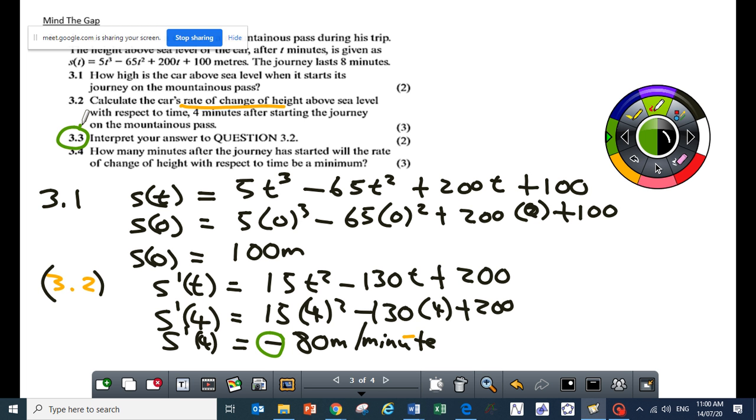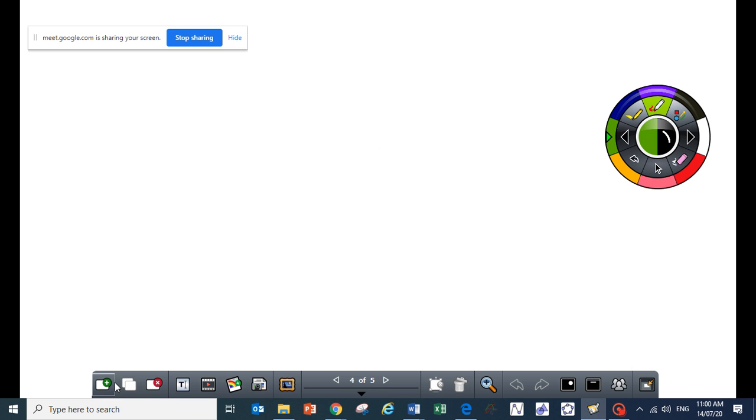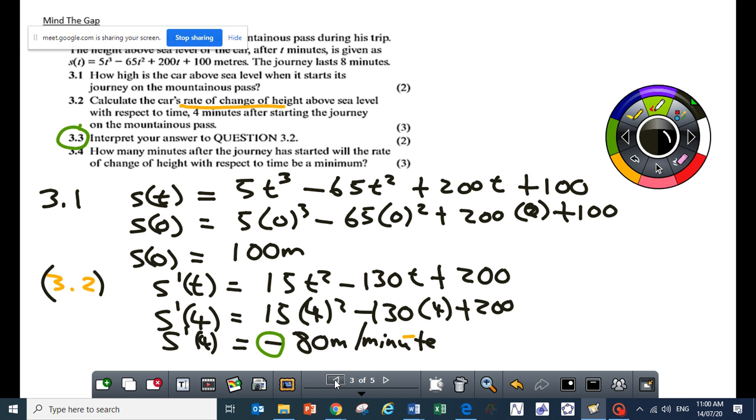All right, then 3.4. 3.4 says, how many minutes after the journey has started will the rate of change of height with respect to time be a minimum?